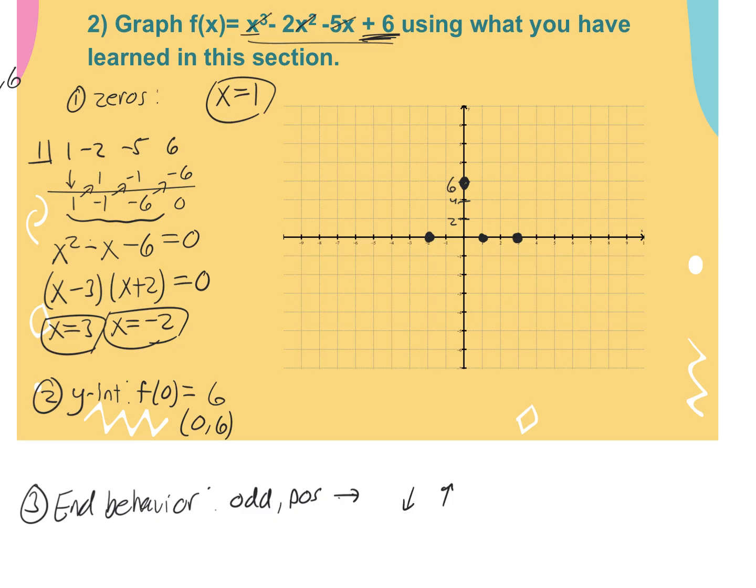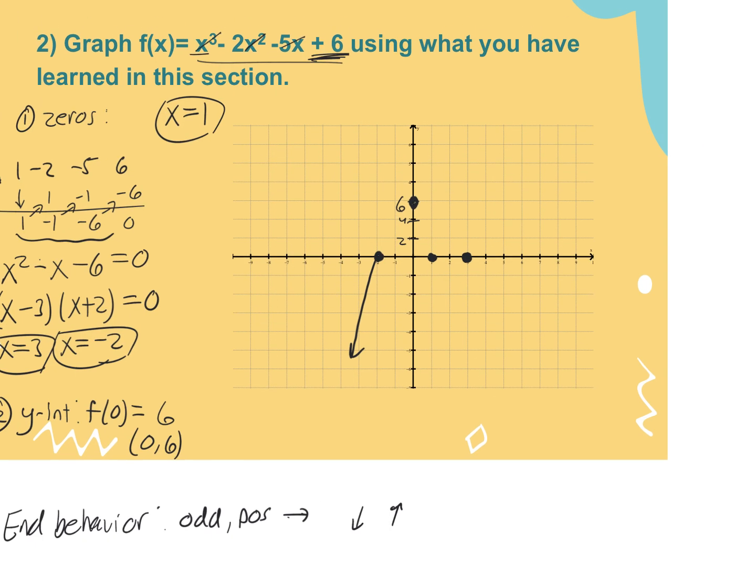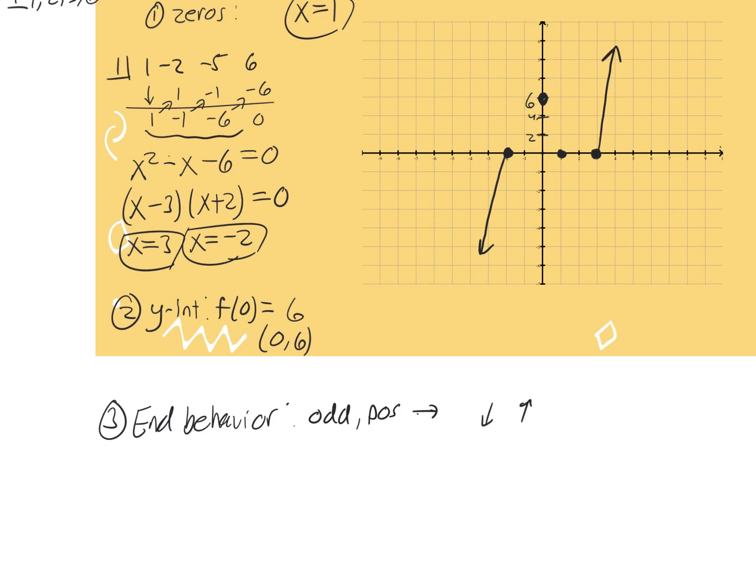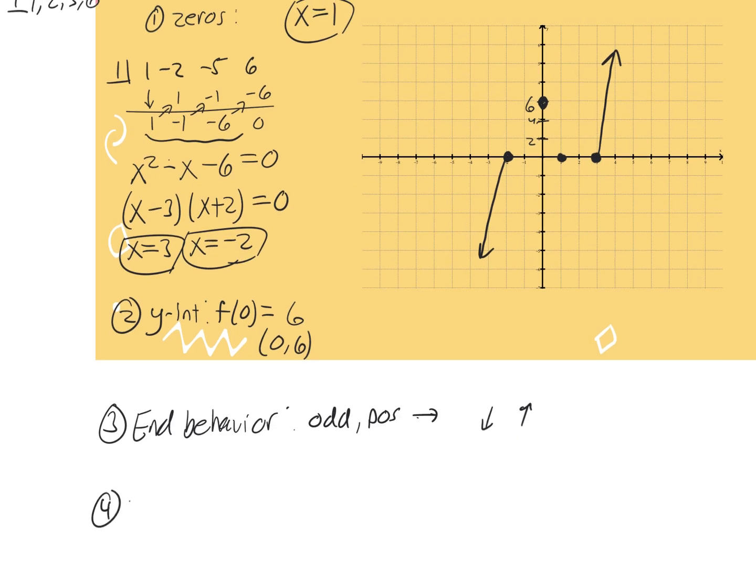So at our very left x-intercept, I'm going to draw that graph going down like that. At our very right x-intercept, I'm going to draw that graph going up, right? It's just what happens in between that we aren't too confident of. All right, so I'm going to pick additional points. All right, so pick additional points.